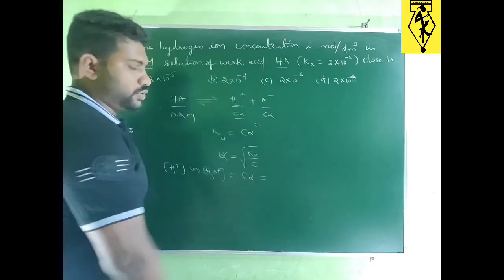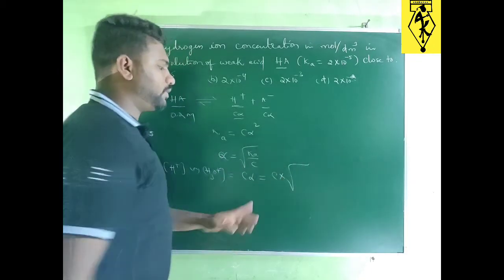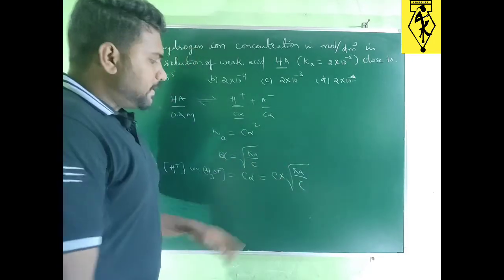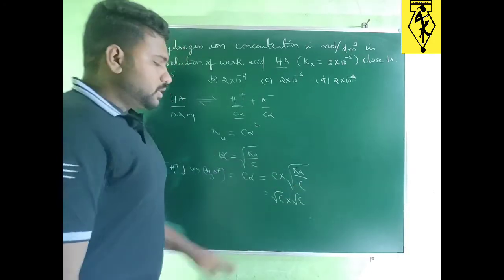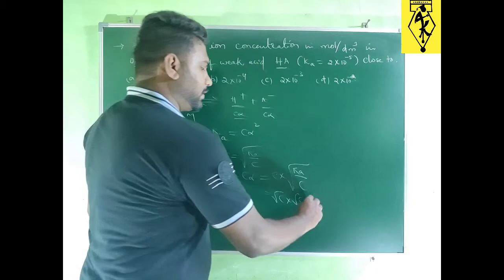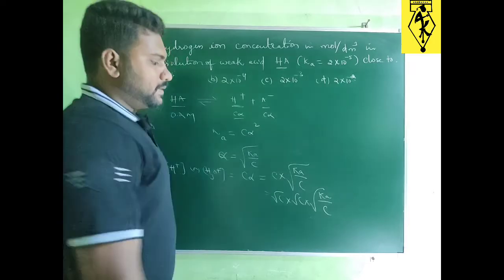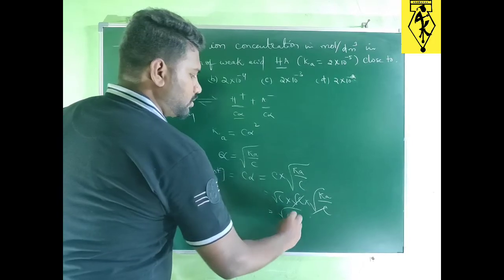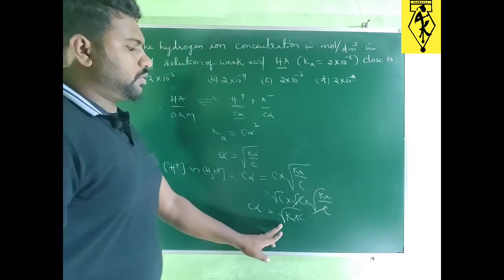So C alpha is equal to, now we have the alpha value, so C into square root of Ka divided by C. So this C can be written as square root of C into square root of C. So here square root of C and C will get cancelled and we will get square root of Ka into C. So C alpha is equal to square root of Ka into C.